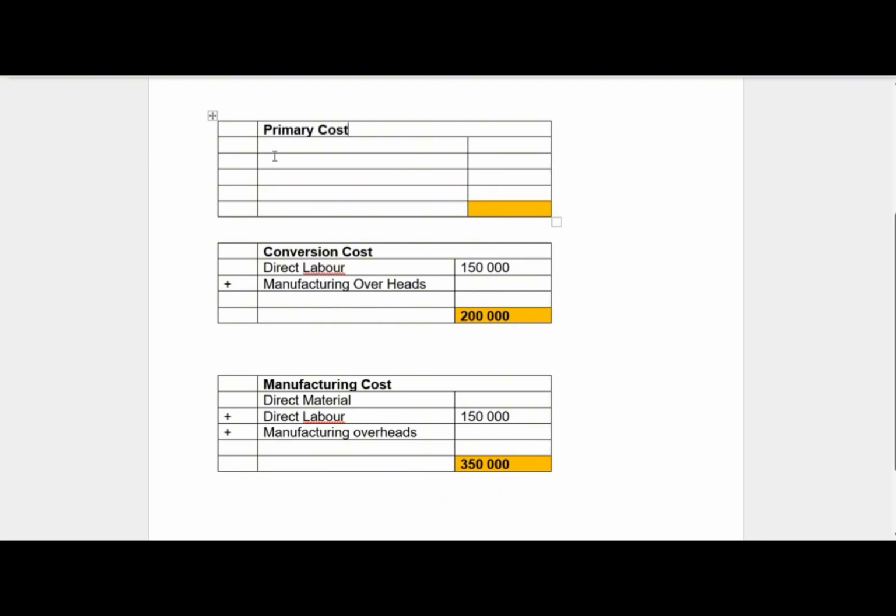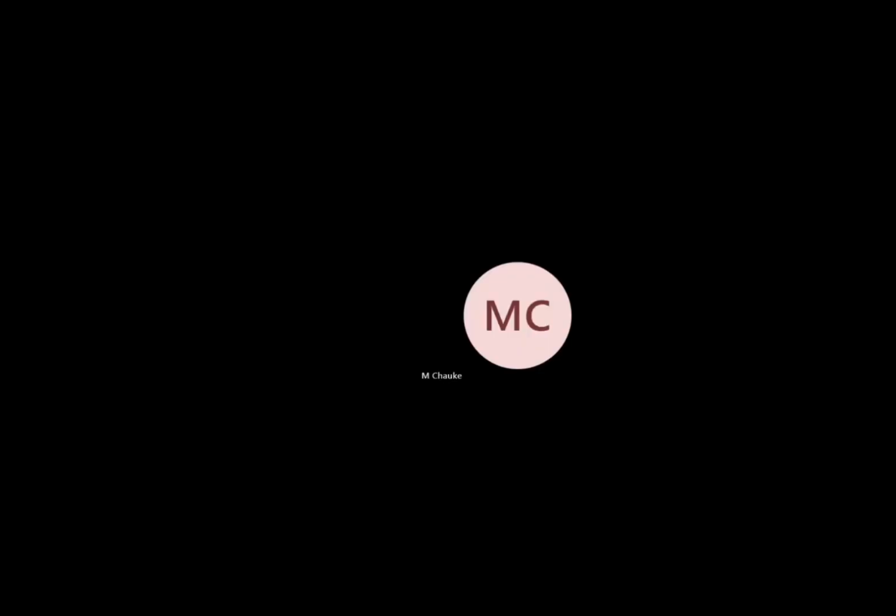So primary cost is equal to direct material, which we still have to calculate, plus direct labor, right? All right. So remember, we have direct labor, 150,000. Okay. So now, where do we start? Because remember, we also need to calculate direct material.